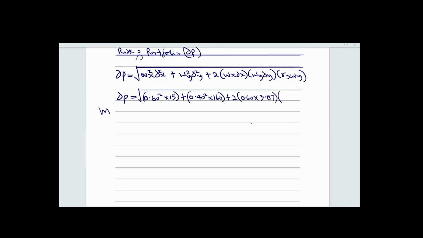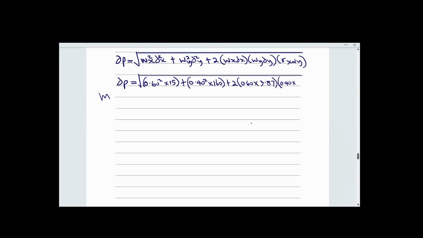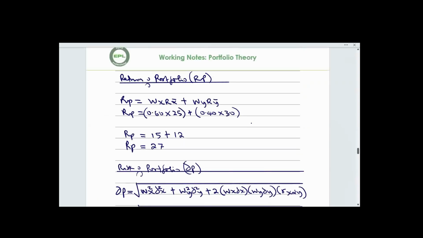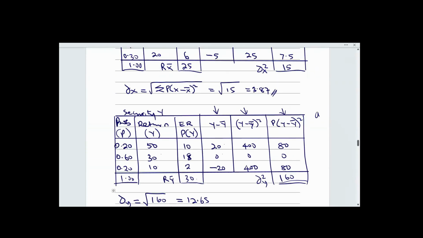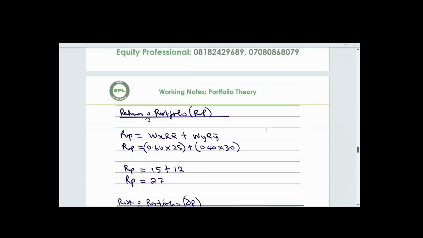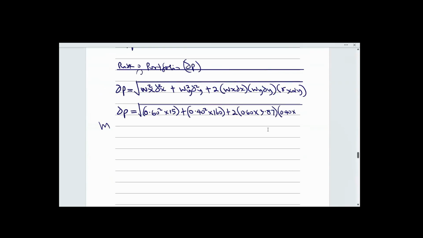Then multiply by 40% on Y, multiplied by the standard deviation of security Y, which is 12.65. Then all multiplied by the correlation coefficient between X and Y.